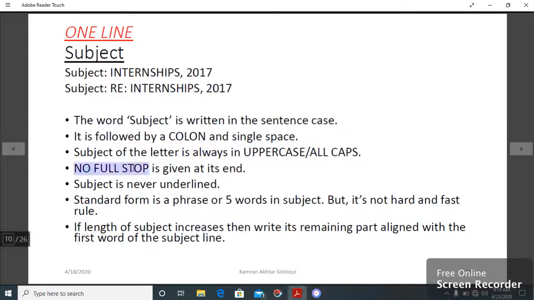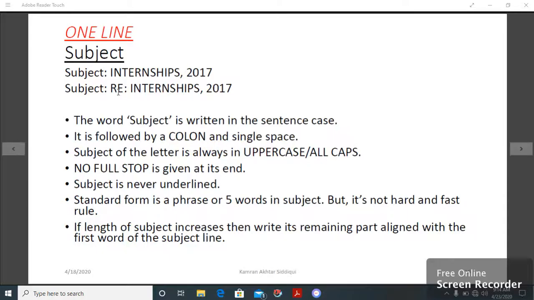Remember, no full stop is given at the end of the subject, and it is also never underlined. And the standard form is that there should be 5 words in the subject, but it is not a hard and fast rule. It is better to keep it in phrase form rather than a whole sentence.